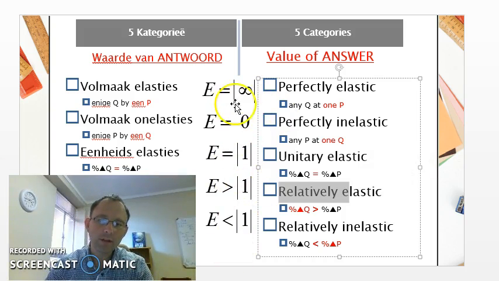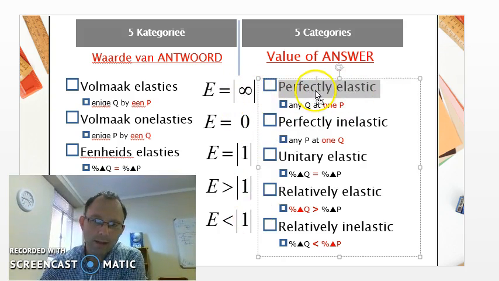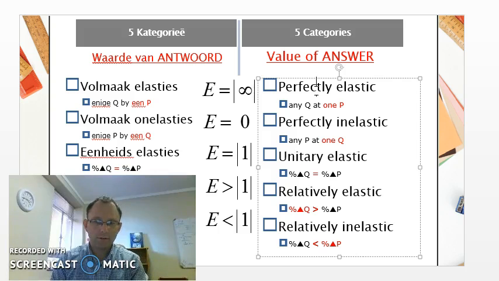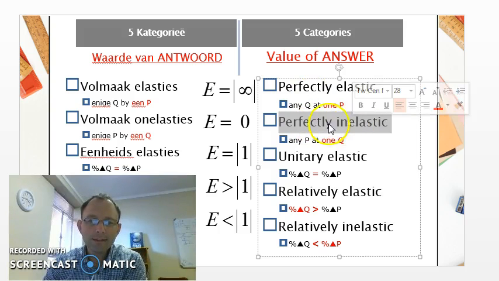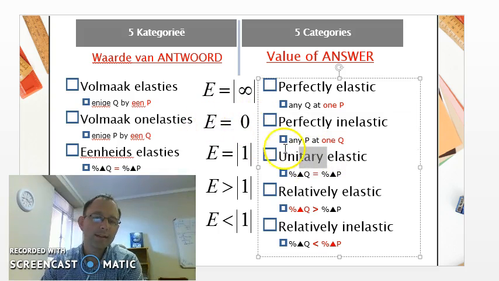Okay, as you'll see here, there's the value. So perfectly elastic will have an infinite number. I'll show you just now, if we draw it on a graph, how it actually looks. Perfectly inelastic, the value will be 0. If it's unitary elastic, it will be 1.